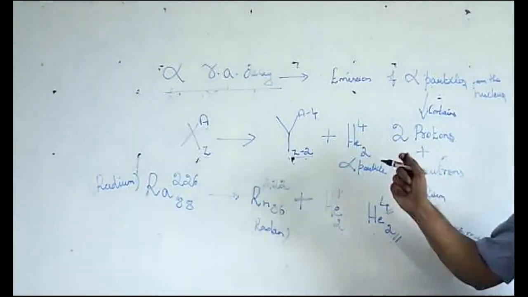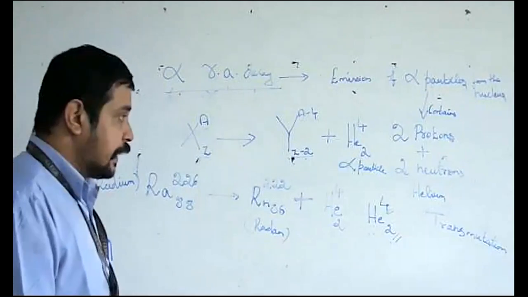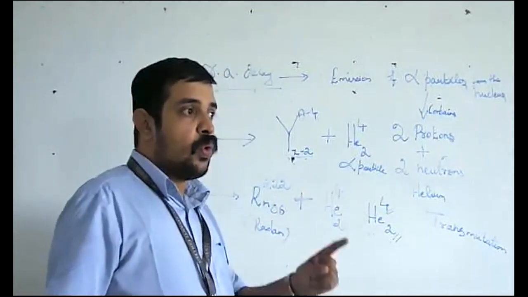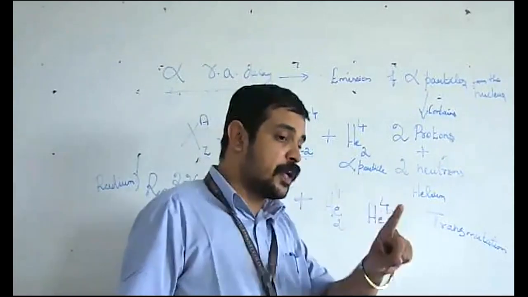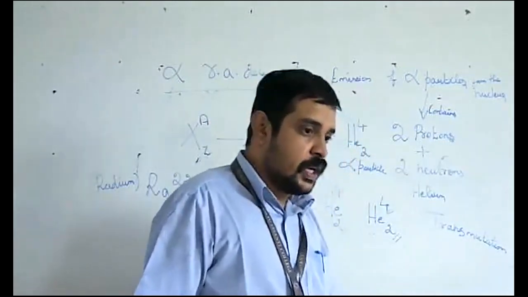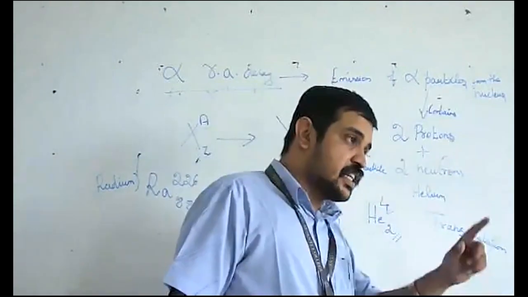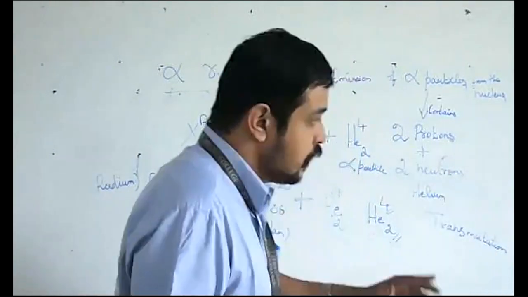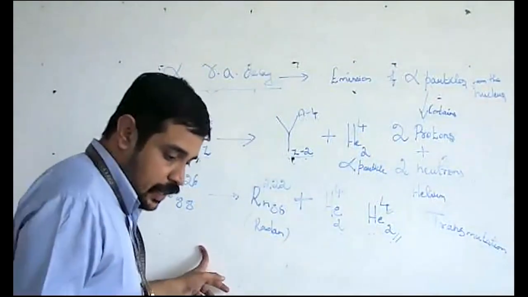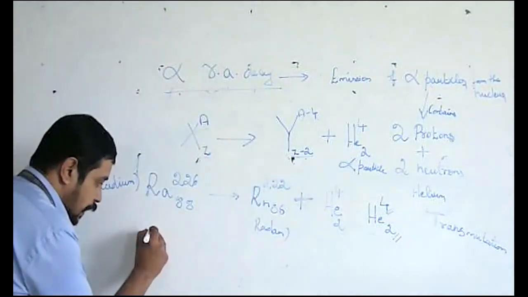I told you when I was speaking about radioactive decay itself that it is not going to attain its more stable state when the process takes place only one time. Remember the analogy. She'll lose the books not only once, twice, thrice, and it keeps on going until she reaches the stable combination. A similar example you have to remember. Here we should understand that it undergoes further decay. Say for example this radon.